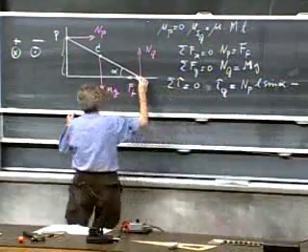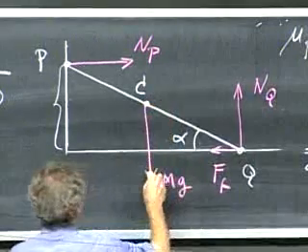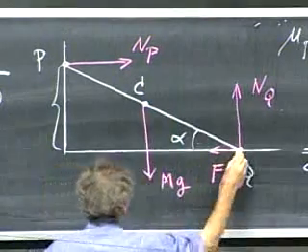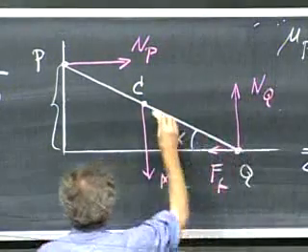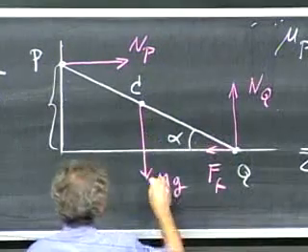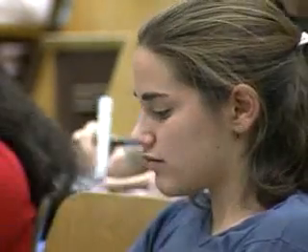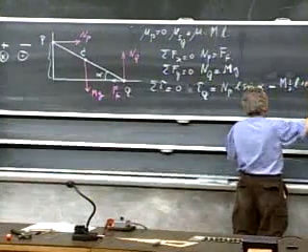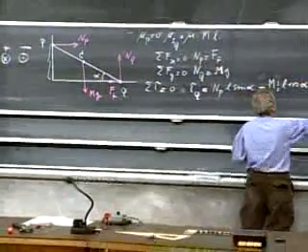And so now I need the cross product between the position vector and mg. That is the length here, which is 1/2 L cosine alpha times mg. So mg times 1/2 L cosine alpha, and the sum must be 0.